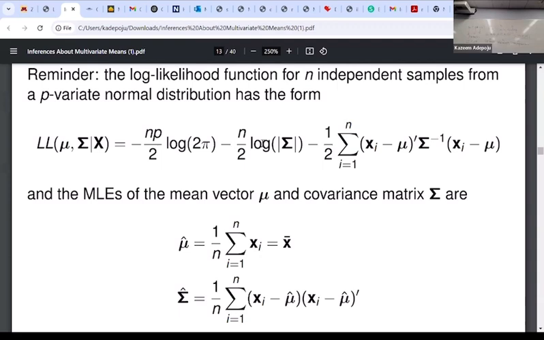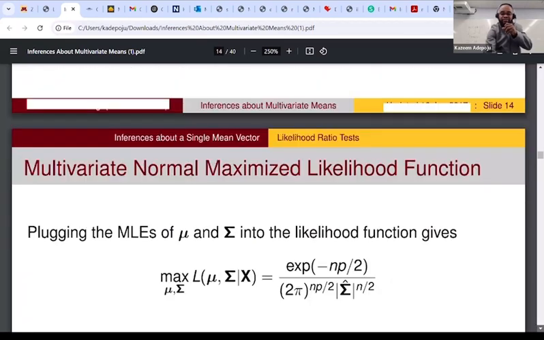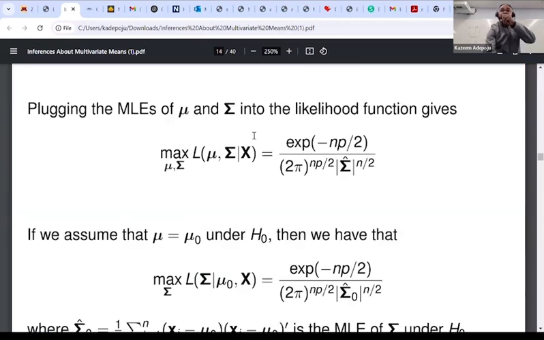Wherever I see the covariance, I'm going to plug in the MLE of the covariance. When I plug these two into this equation, it gives me this mathematically.